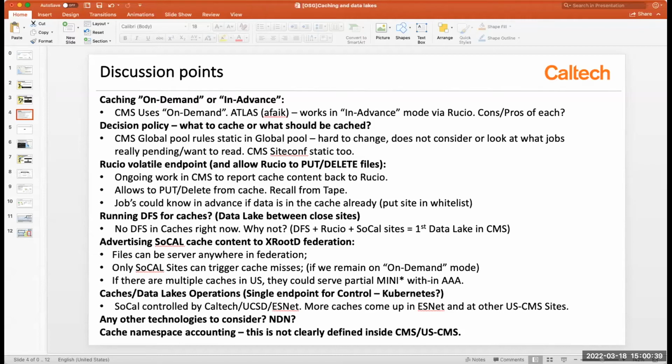I think for Atlas, the caching we do is XCaches based on XRootD technology. We don't really use the caching mechanism that Rucio describes in its documentation. At some level, our tier 2s are all caches. They just have a pretty long lifetime.